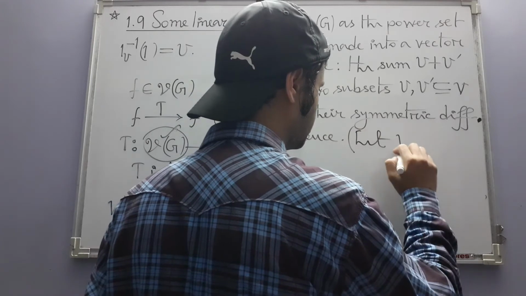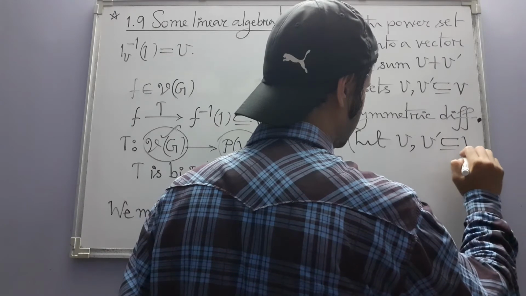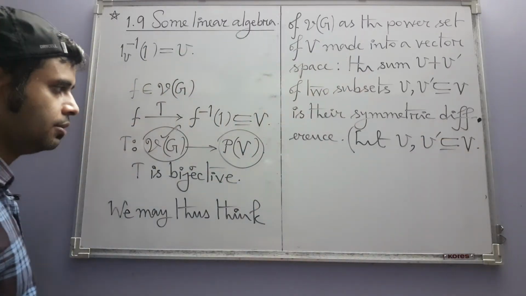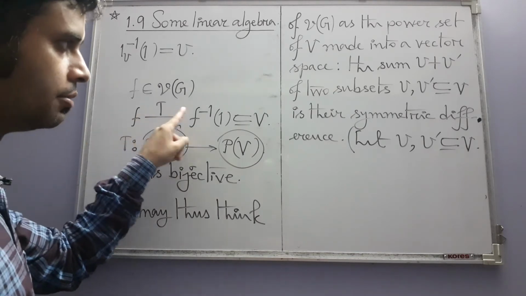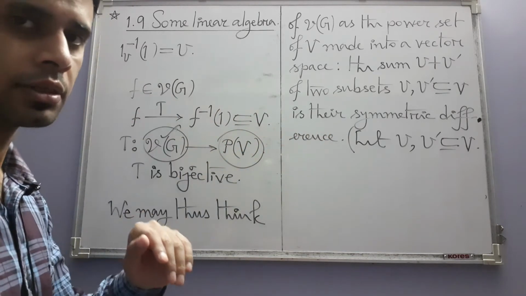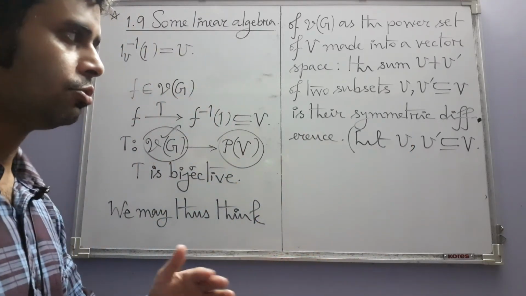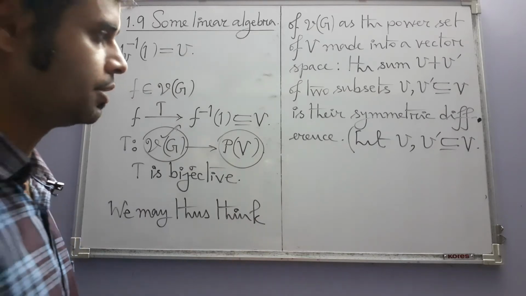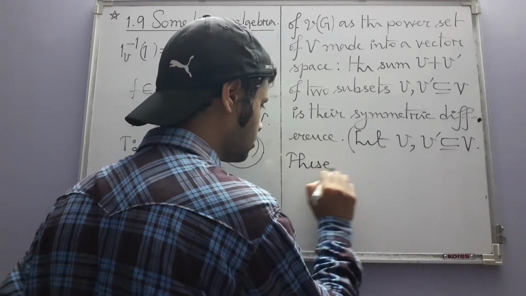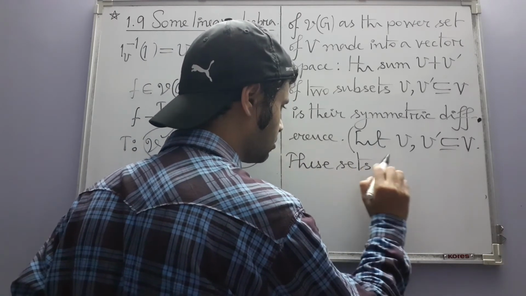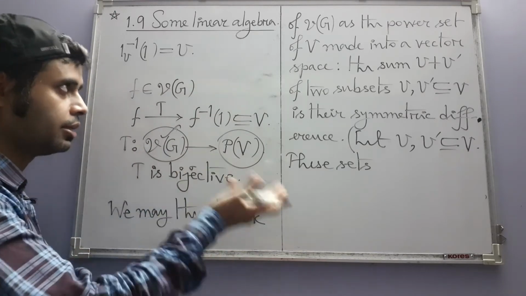Let u and u prime be subsets of V. According to our correspondence T, what are the corresponding functions? Namely, the indicator functions of u and u prime, to which they correspond respectively. These sets are represented in the vector space nu of G by the indicator functions.